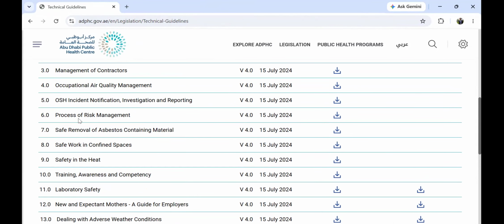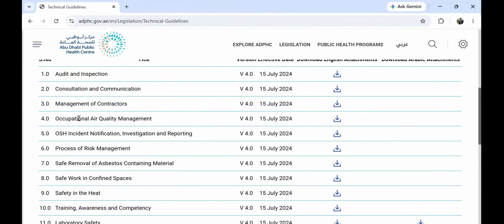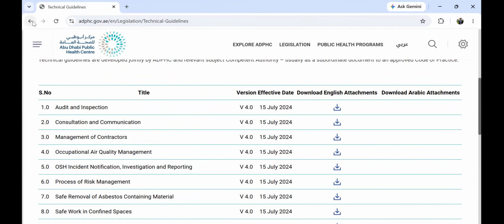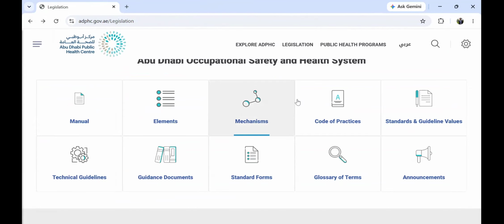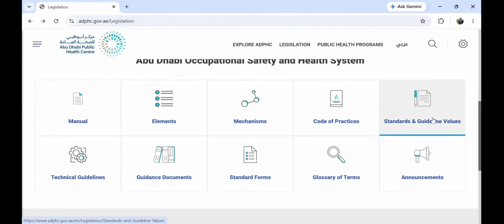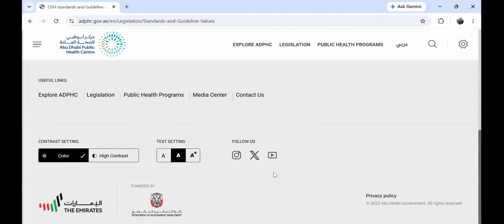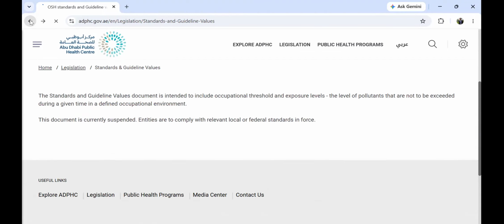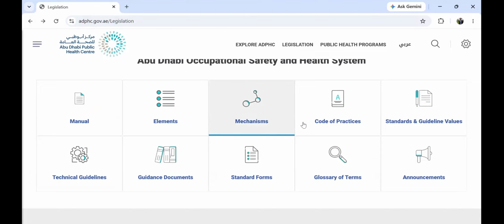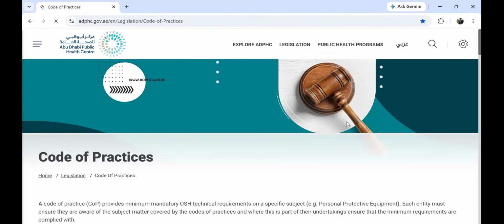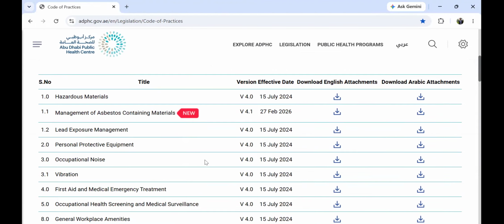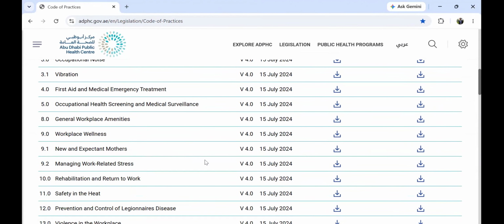Now we are coming here to this, maybe we will find it here. But the standard is under process. Maybe in this we will have special needs people. Let's see where special needs is.